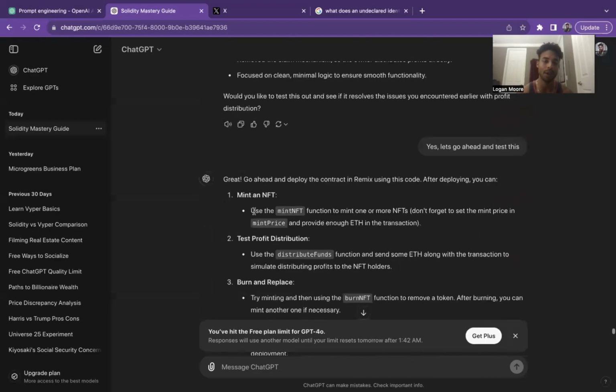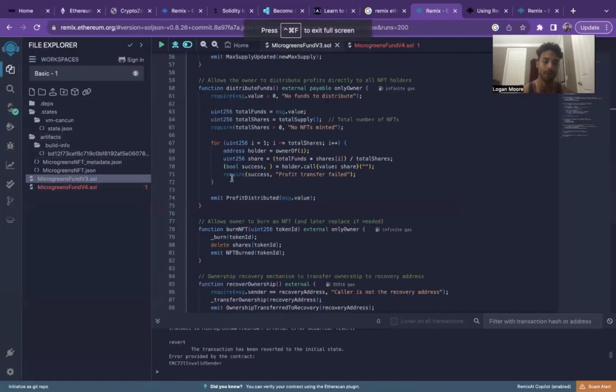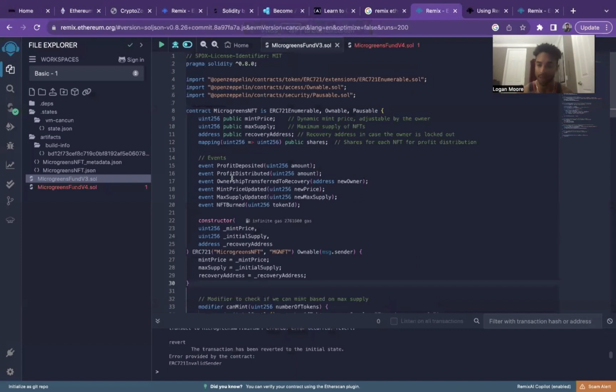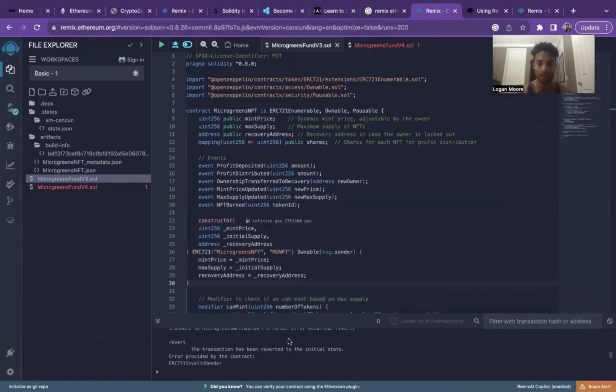I copied the code over to Remix, and when I first copied the code, I got an error. This was similar to an error we had encountered before, where the constructor didn't specify that the person deploying the contract would automatically be set as the owner. It's a really simple fix.